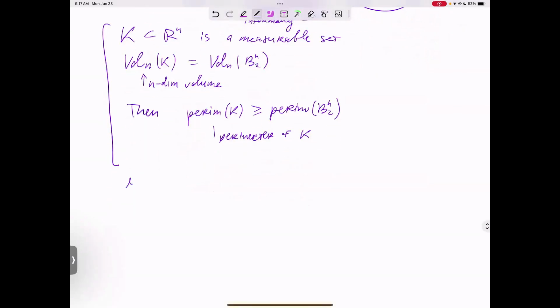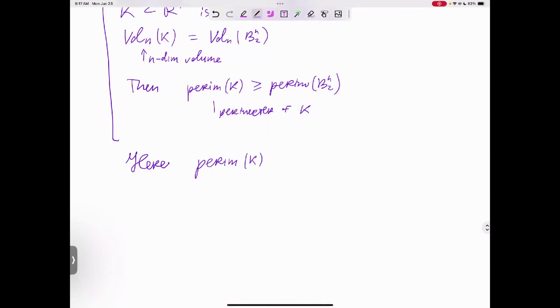Here, the perimeter of K is defined in the following way.